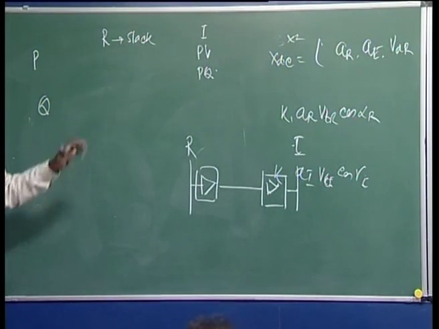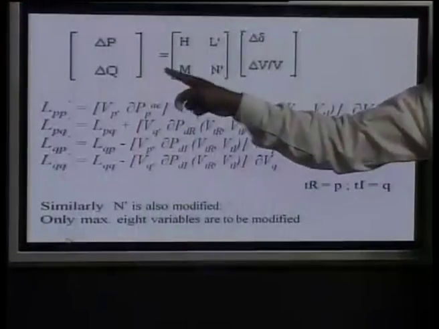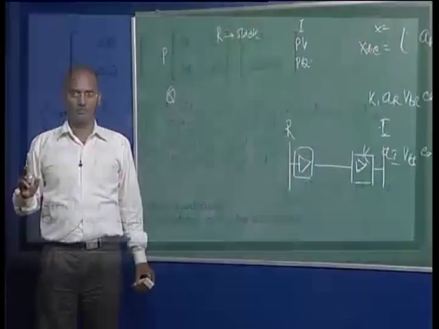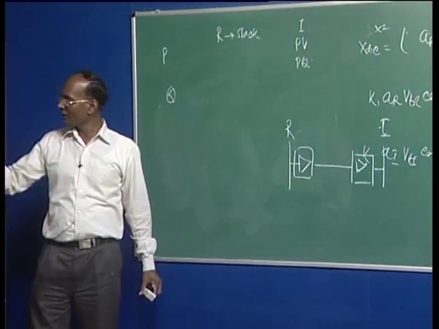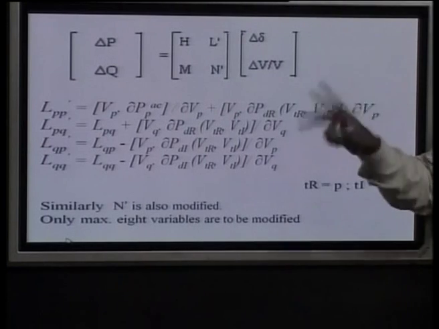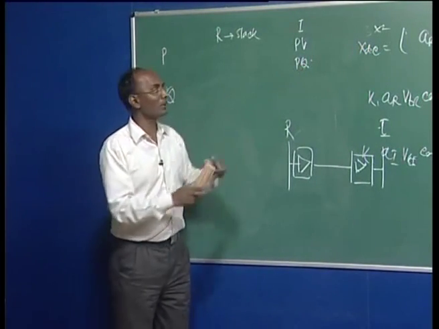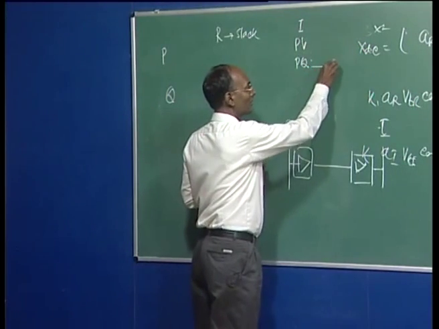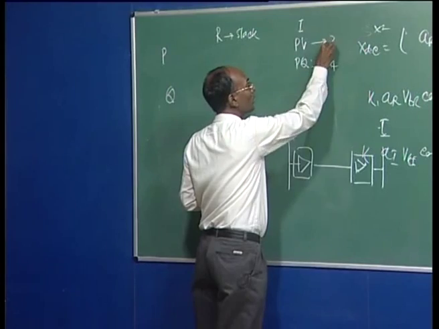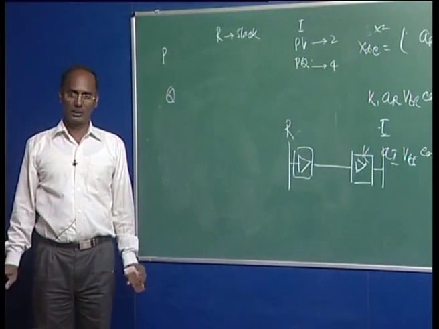So, if R is the slack bus, neither it will be having here nor here. So, the 2 rows are gone. 2 rows means again the 2 here, the voltages also we are not concerned with. So, 4 gone. So, now if here it is PQ, then we will have 4 elements. If we are having the PQ type for this bus, then we are going to have 2 elements only. Okay.